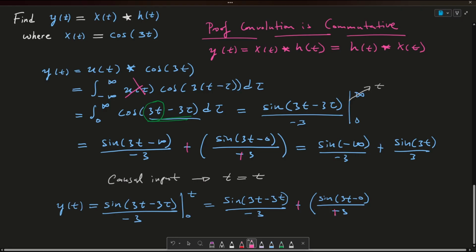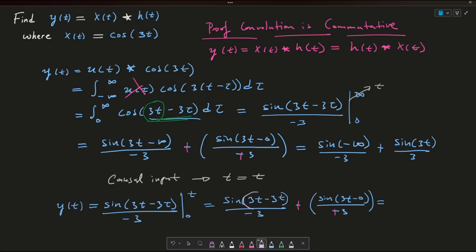This is plus plus. So then this is sine of 0 here, so this function goes away to 0. And then we get the same answer as we did before, which is 1 over 3 sine of 3t. And this ends our proof that convolution is commutative.